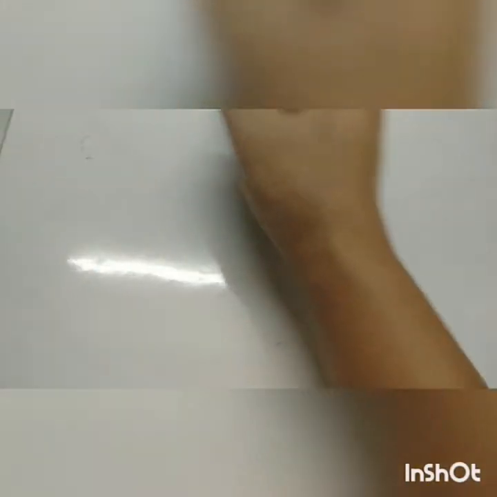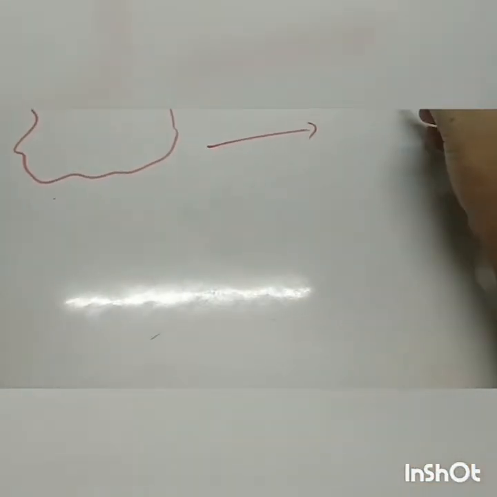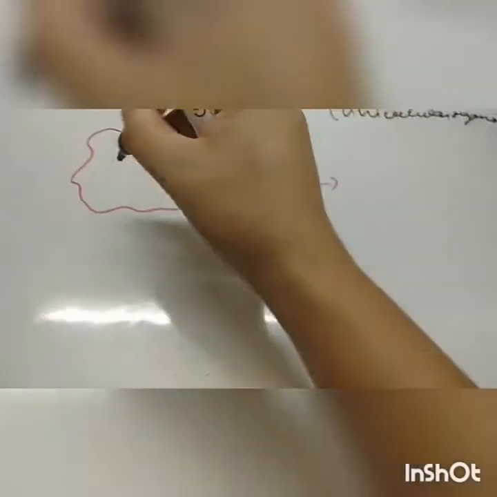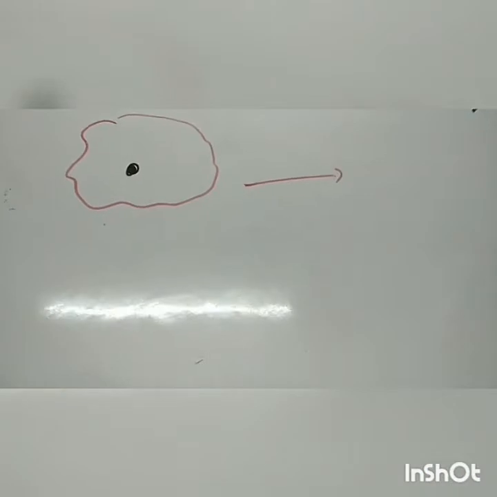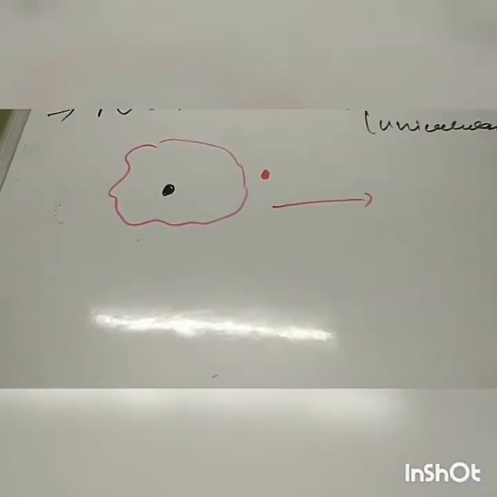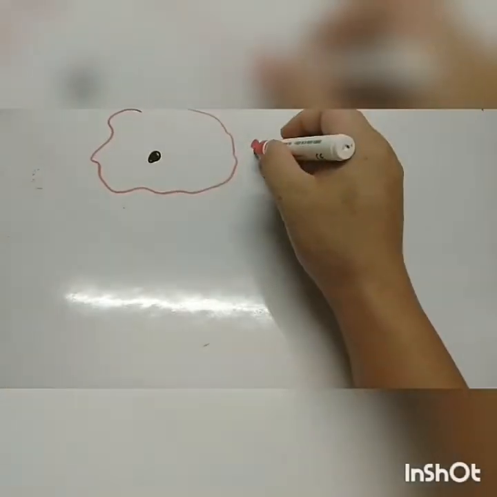So this is the amoeba structure, and here is the nucleus, and this is the food particles. Now we will see how the amoeba takes these food particles.